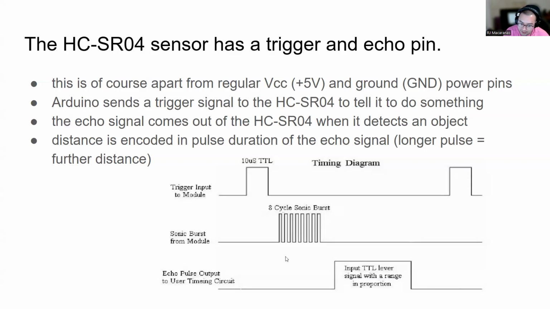And by doing this, we can actually have a signal that's proportional to the distance, right? So as this, we call it the time of flight echo, is longer, the distance will be further, right? And if it's shorter, then there will be an object that's a little bit closer.